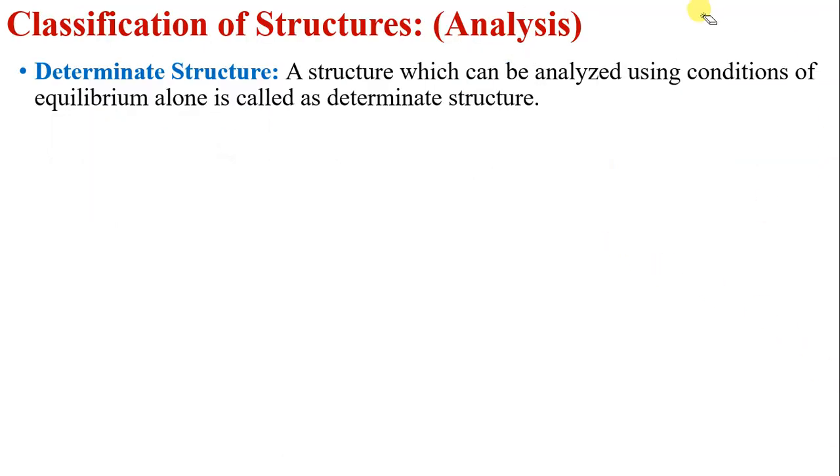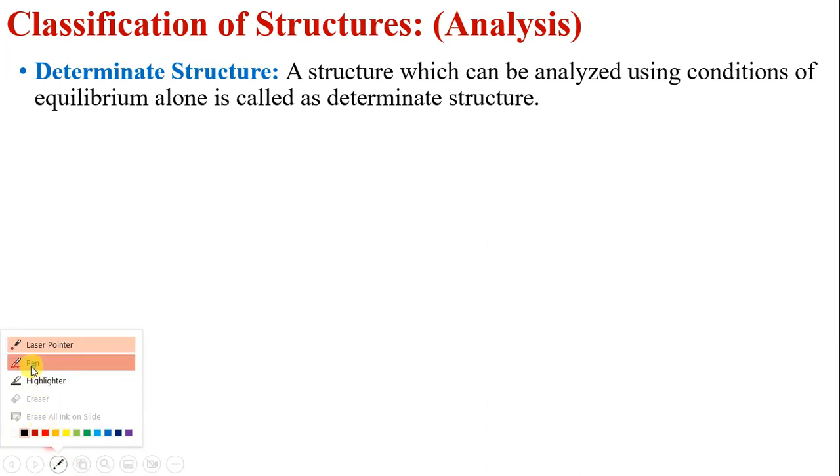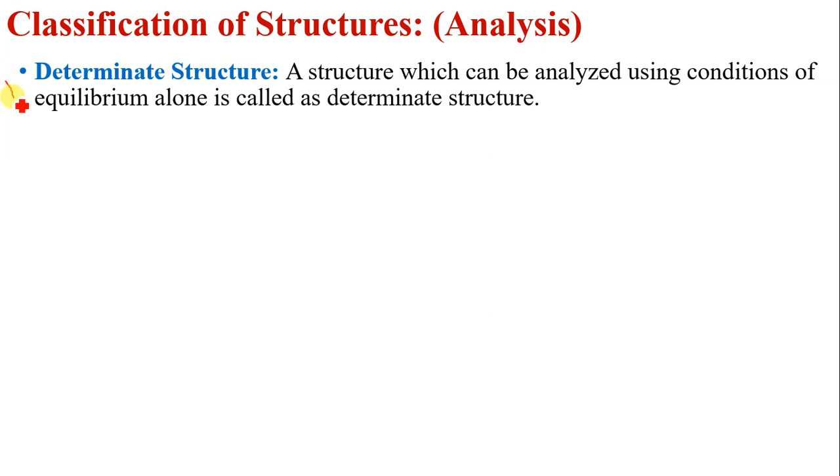Now based on the method of analysis, how can structures be classified? Determinate structure. What is meant by determinate structure? A structure which can be analyzed using conditions of equilibrium alone is called a determinate structure.